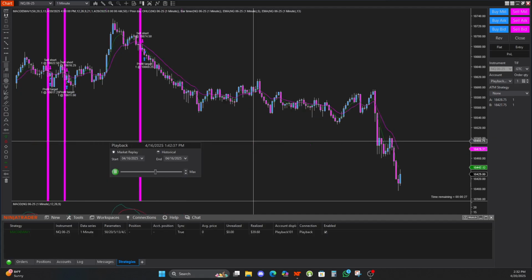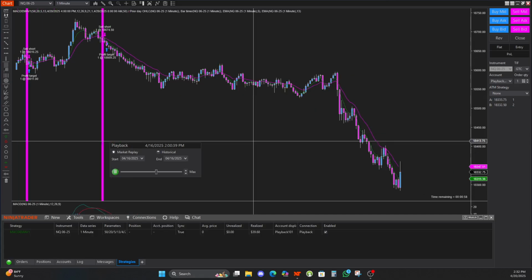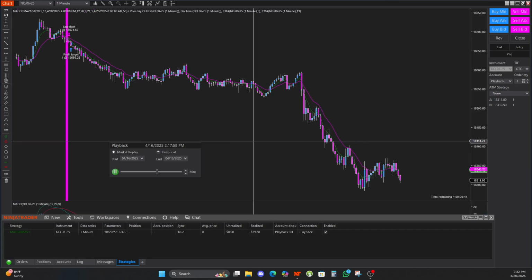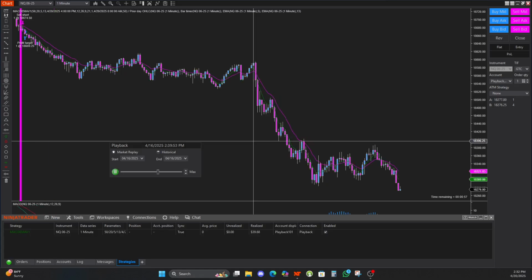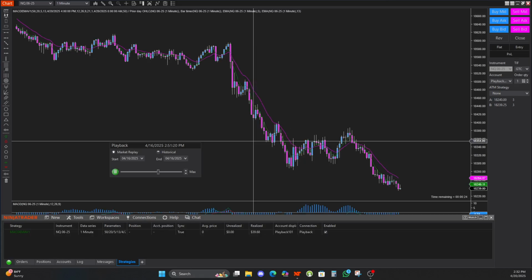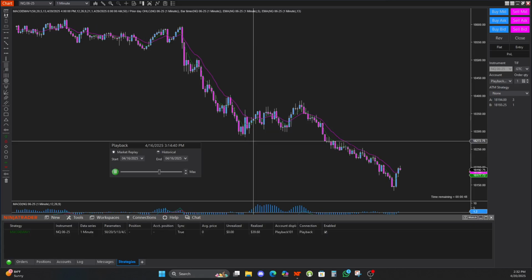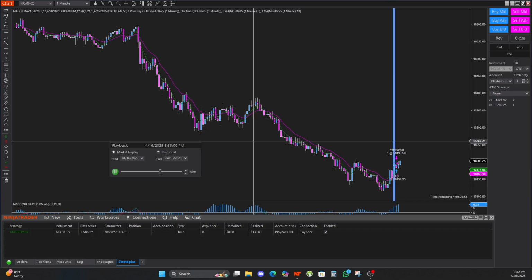Okay. Signal is correct, but it's a matter of how much risk we're willing to give it. I don't like to risk too much money per trade. Target filled.